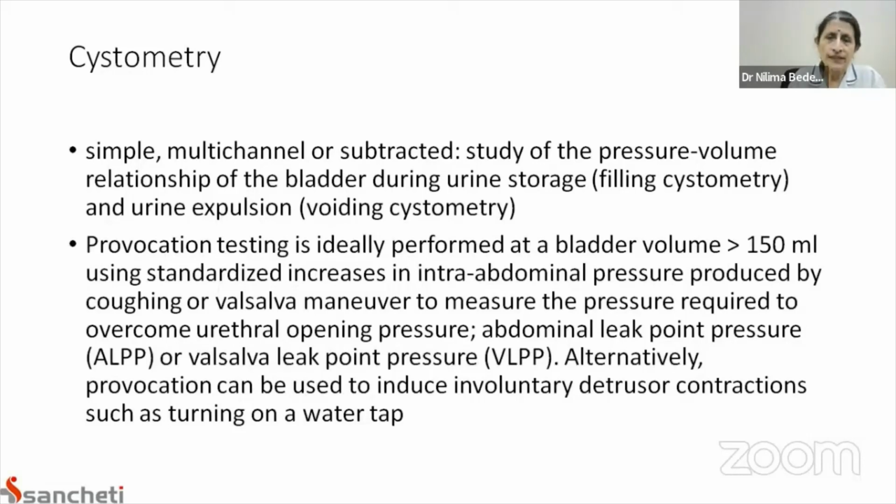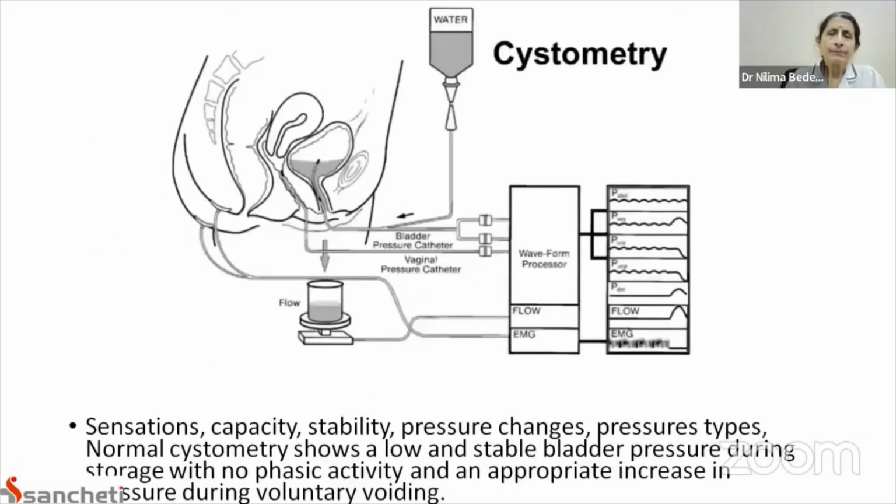So what is done is, there are catheters with sensors being inserted into the bladder. The second one, the sensor is in the urethra. There is another catheter which is in the rectum, and there is a sensor in the rectum which measures the abdominal pressure.